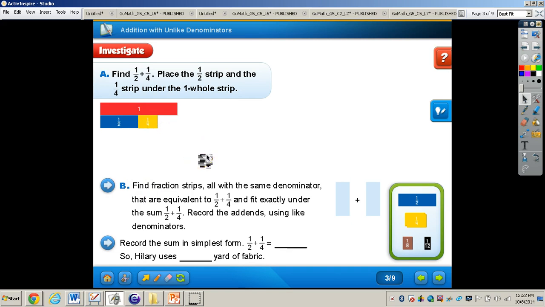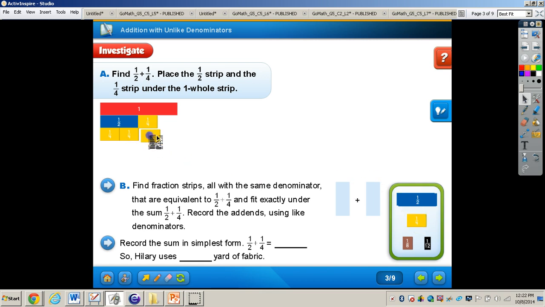Now to find the answer, we want to try the largest fraction strip. We can see here 1/2, and it looks like we might even need 2 halves, but you can see they do not equal. So we will go to the next largest fraction strip, 1/4. It's very important that everything lines up. Plus another 1/4, that's 2/4.